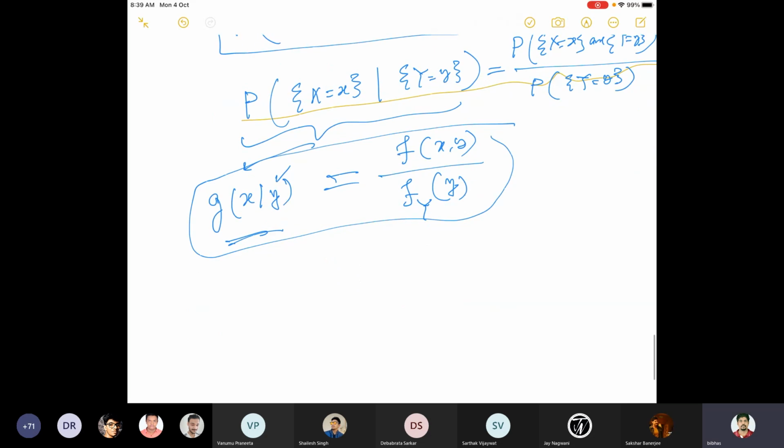So let me define formally the conditional probability for a pair of random variables.